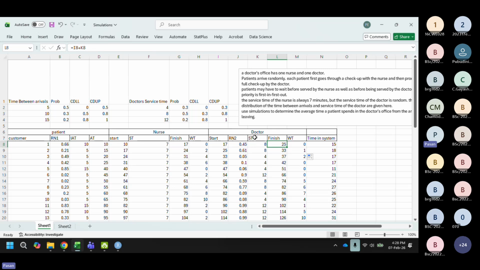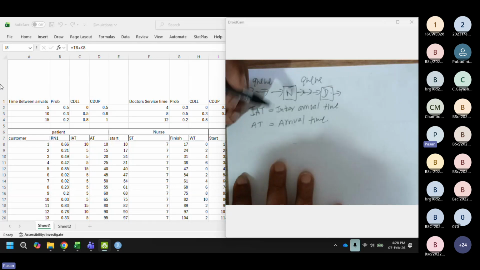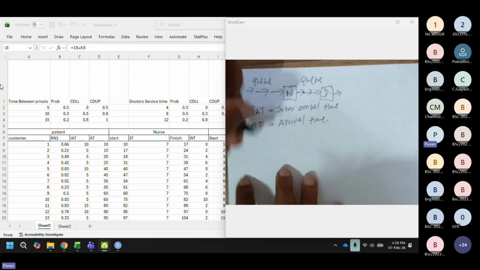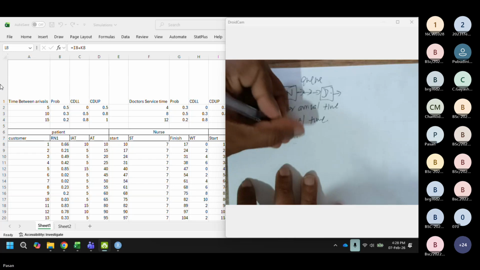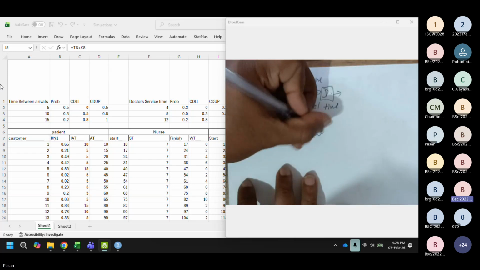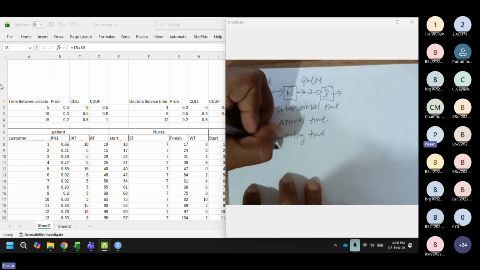Right? So ST is indicating the service time, and WT is indicating the waiting time, right? And then ST is indicating the service time.